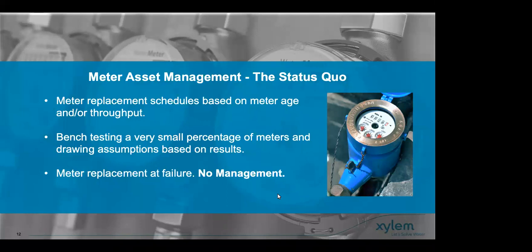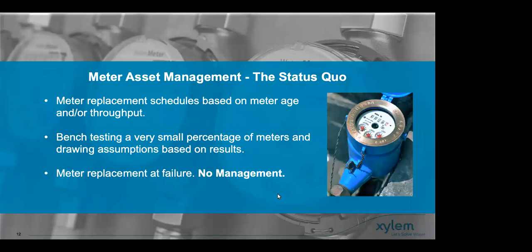Some of these meters will still be working perfectly fine and within the defined accuracy limits. So changing those meters is not going to bring any improvement in the efficiency or revenues. It's simply a waste of money. Money that could be better spent replacing meters that do actually need to be replaced.